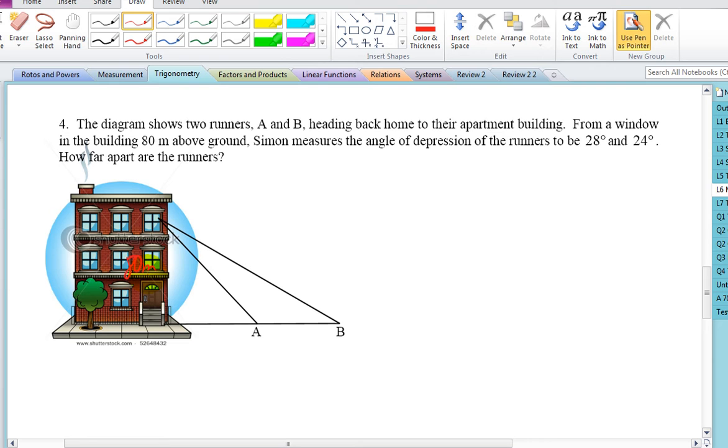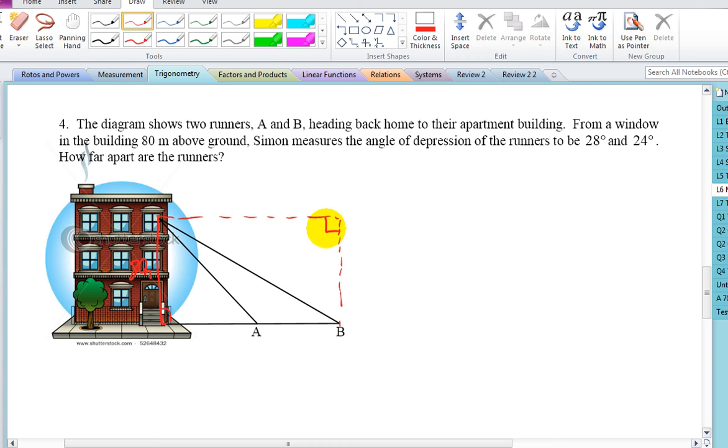Okay, so the angle of depression is 28 and 24. So that's where you got to be careful. This is 80 meters. You can try and draw a ghost triangle if you want. You don't have to though.